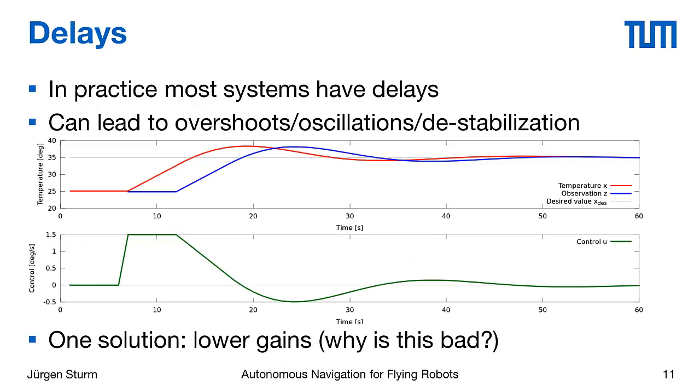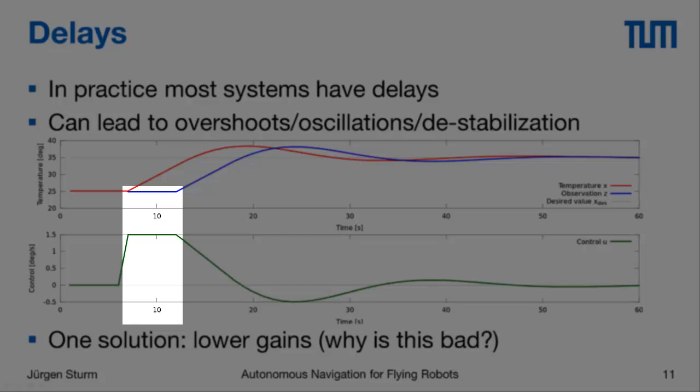Time delays are another very important problem that you have in most practical systems, especially in a shower of which you don't know the dynamics. This can be a very tricky problem. So the thing is that you try to increase the temperature, but nothing happens.